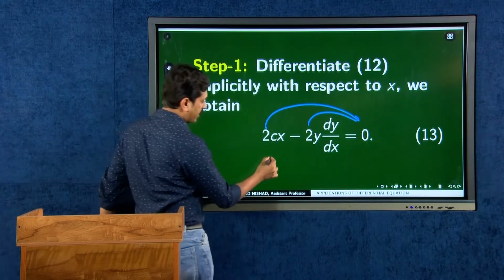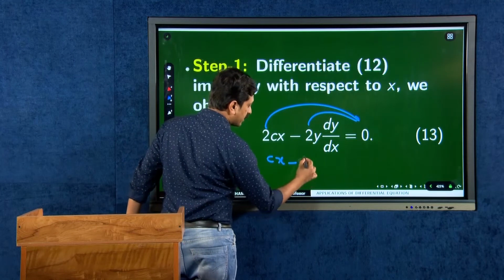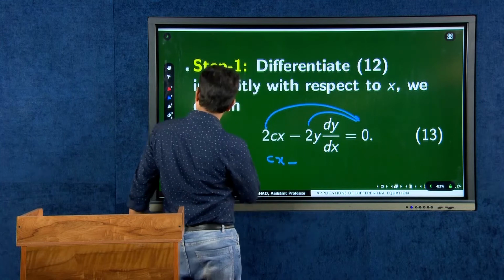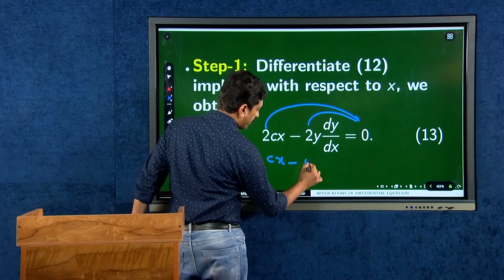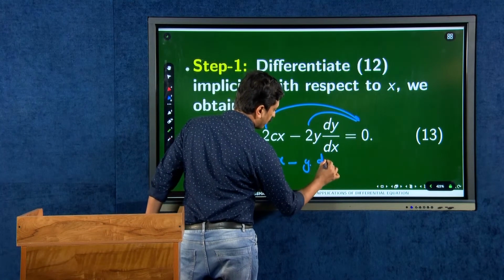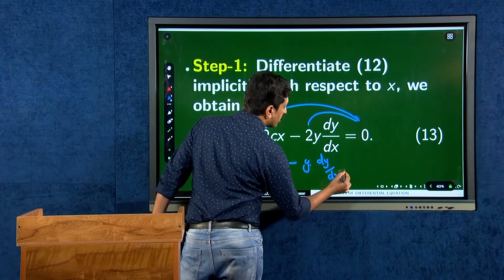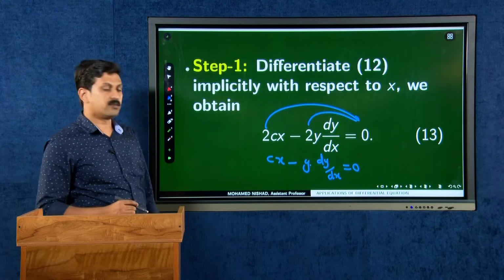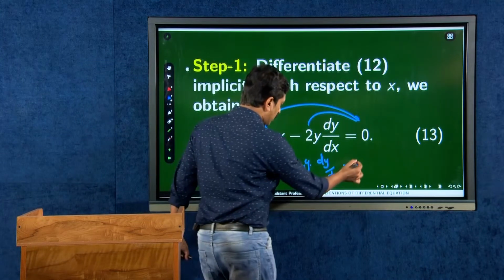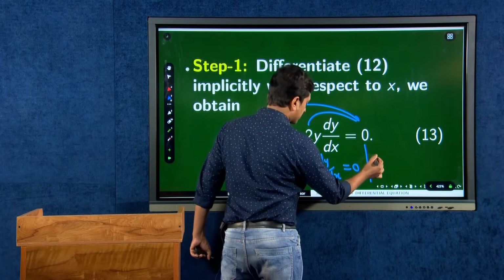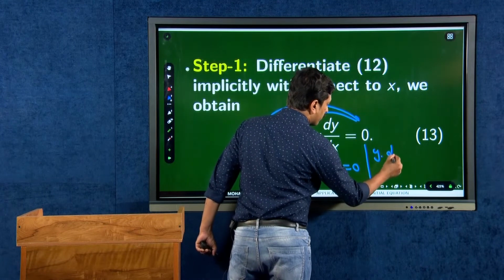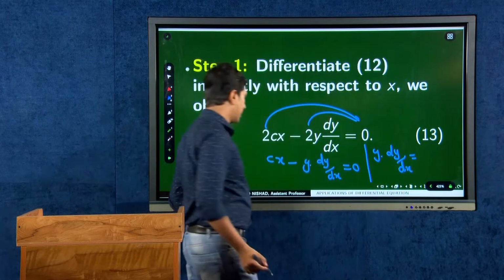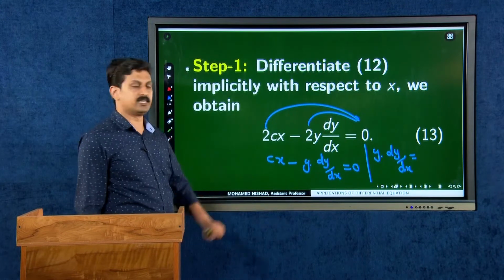Finally, we will have the equation cx minus y into dy by dx is equal to 0. Therefore, from here we can say that y into dy by dx is equal to cx.